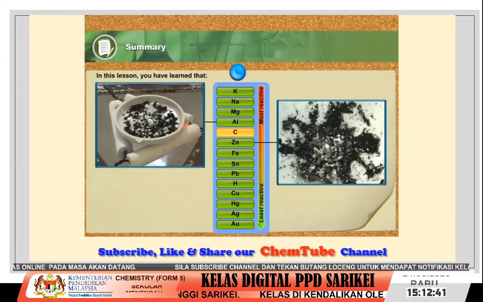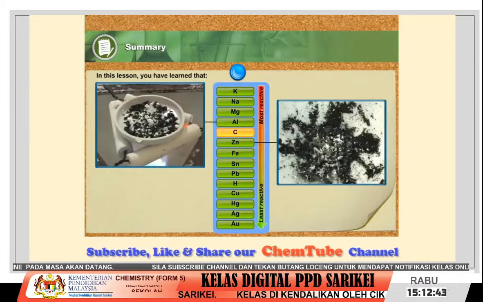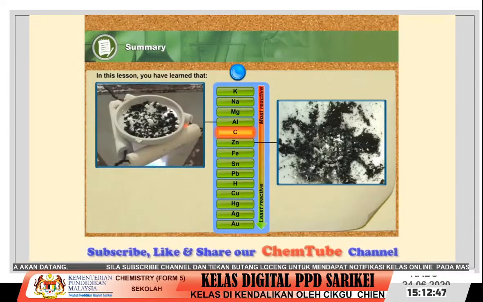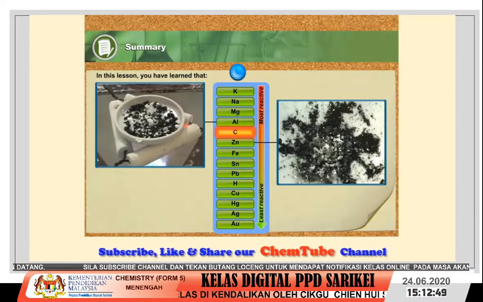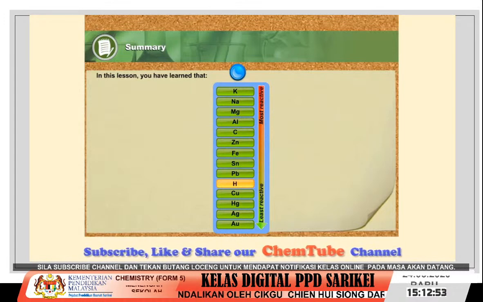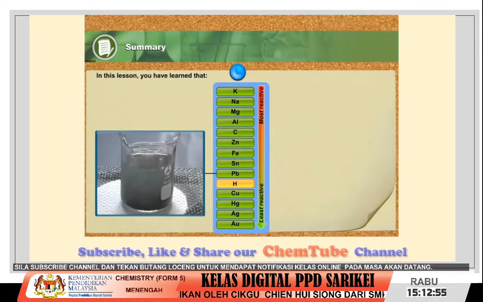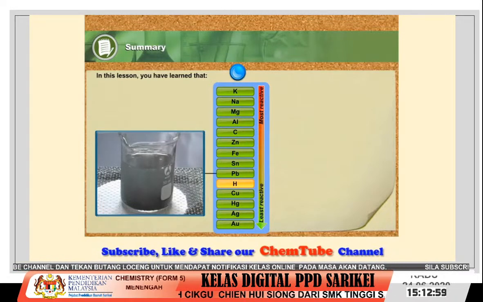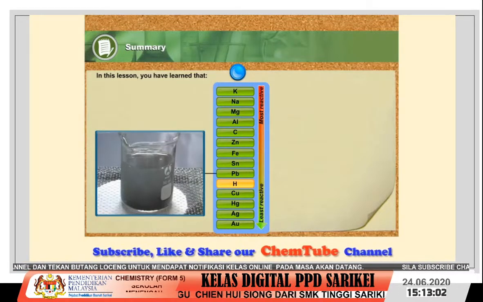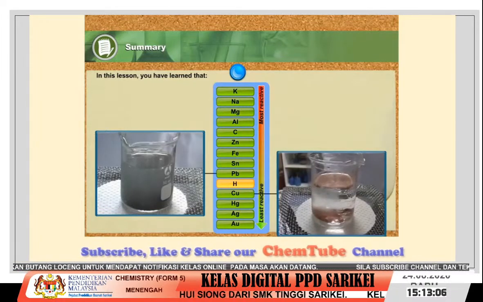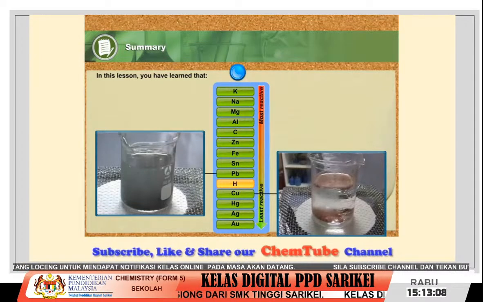Carbon reacts with zinc, so carbon is situated above zinc. Therefore, carbon is positioned between aluminium and zinc. Hydrogen is below lead, and hydrogen gas is released when lead is reacted with acid. Hydrogen is above copper, and copper does not react with acid.